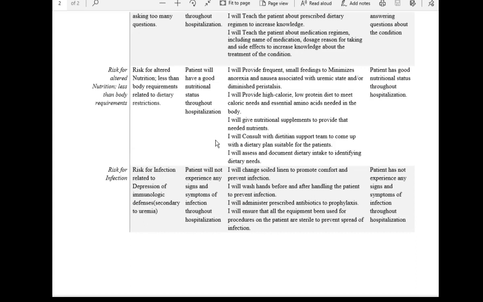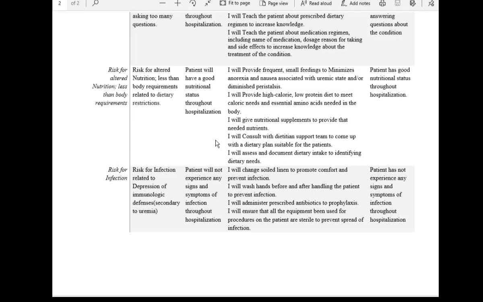Therefore, we have to restrict a protein diet. So here we are going to give a high calorie diet, which will provide the body with calories and the much needed amino acids.